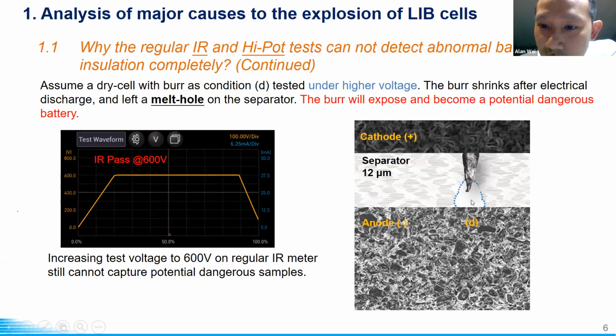So this will become a melt hole, and we assume there will be air. And then the burrs will shrink. That means if you apply the same voltage to this kind of sample, you will get a pass result, because the air also provides good insulation.